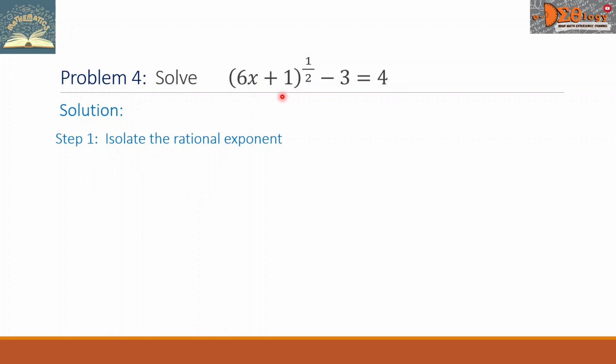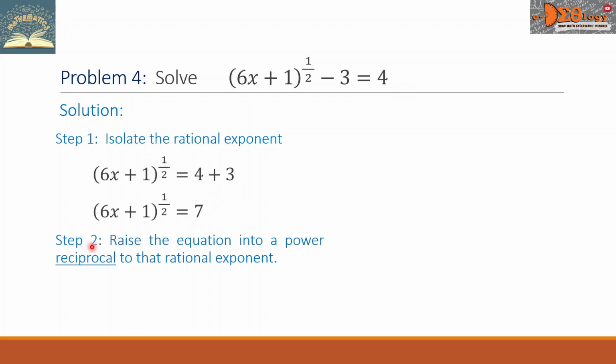In this equation, the rational exponent is this 1/2 with a base 6x plus 1. That means we want this alone in this side. This negative 3 we transpose to the right, so the minus sign becomes plus. That means on the right we have now 4 plus 3, and that would be 7.